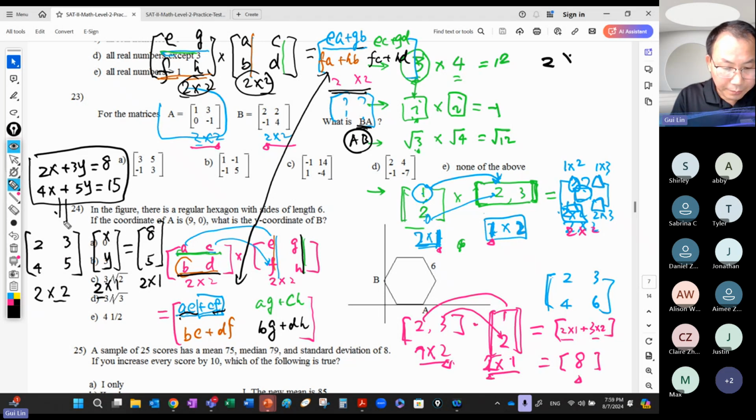So how does this describe it here? You can see this part, the first one, and how they transform. When they multiply together, it became 2x plus 3y, right?